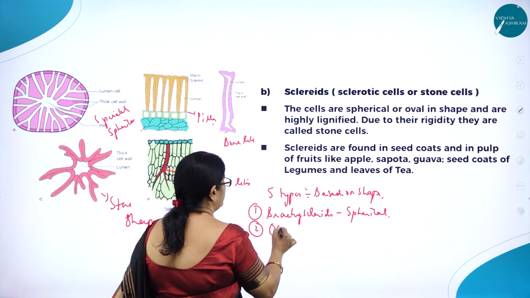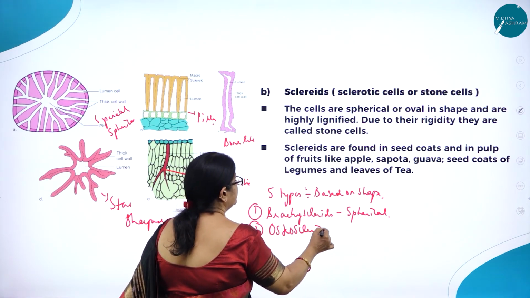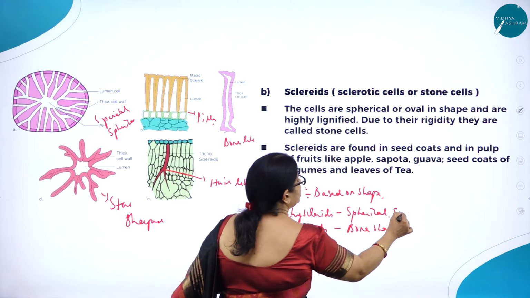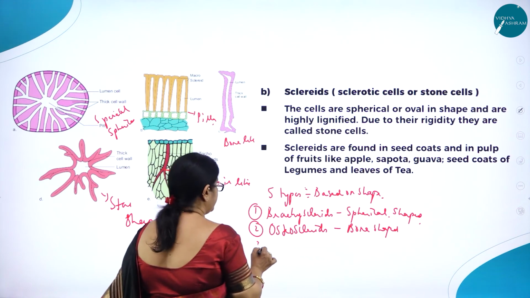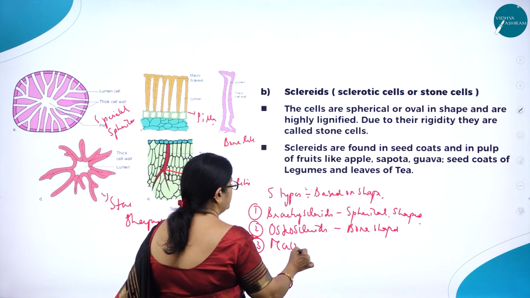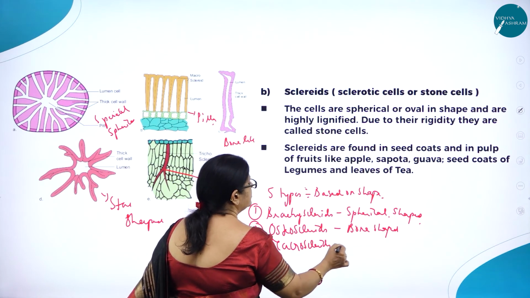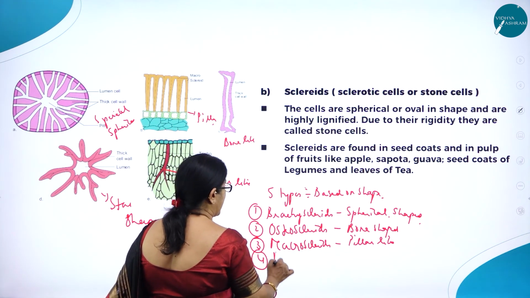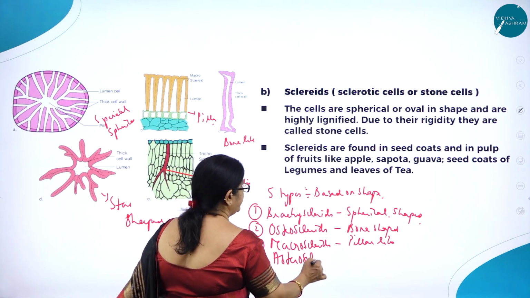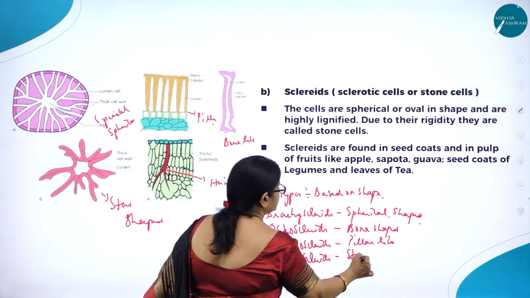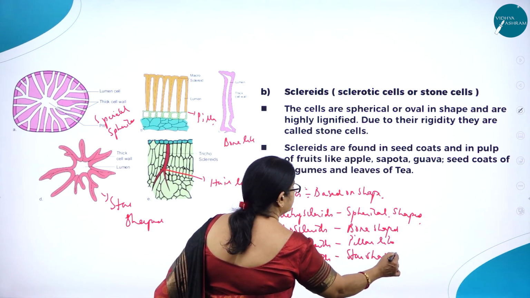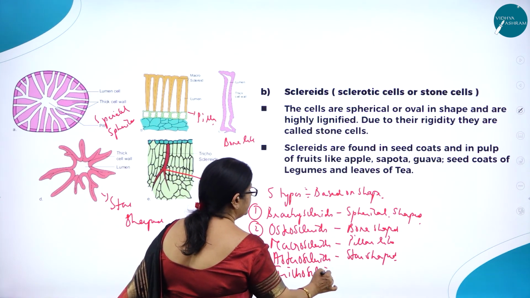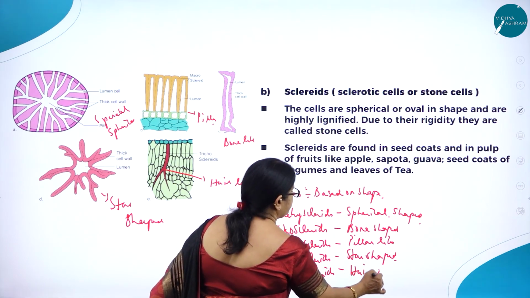Second, osteosclerid, bone-shaped. Third, macrosclerids, pillar-like. Fourth, asterosclerid, star-shaped. Fifth, trichosclerid, that is hair-like.